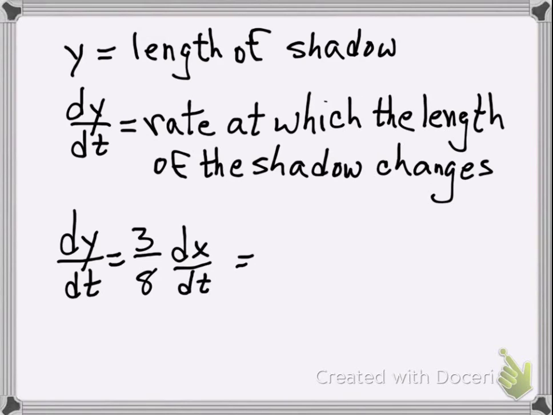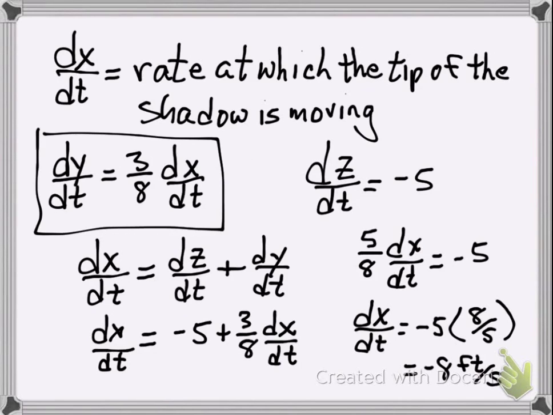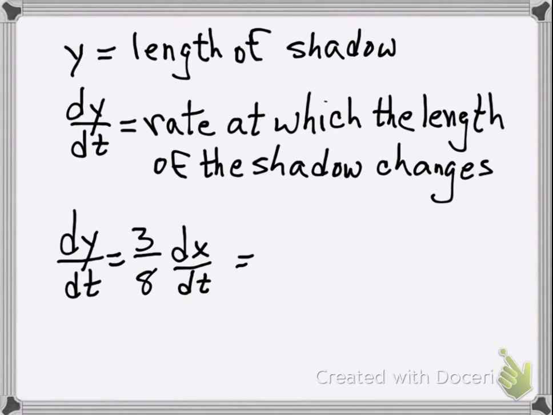But we just calculated in the previous part that dx/dt was -8 feet per second. So that means that we have 3/8 times -8. The 8s are going to cancel, and so we get dy/dt is -3 feet per second. So that's the rate at which his shadow is changing.